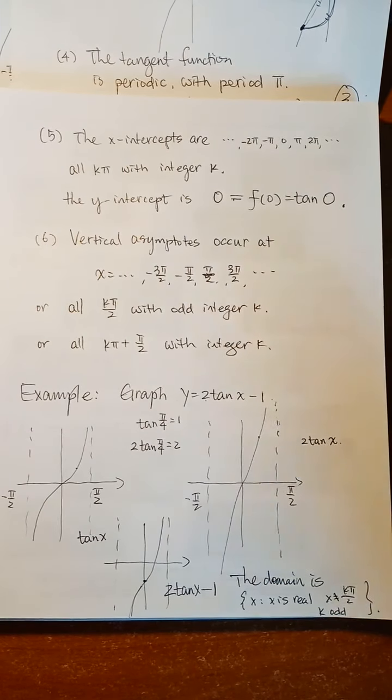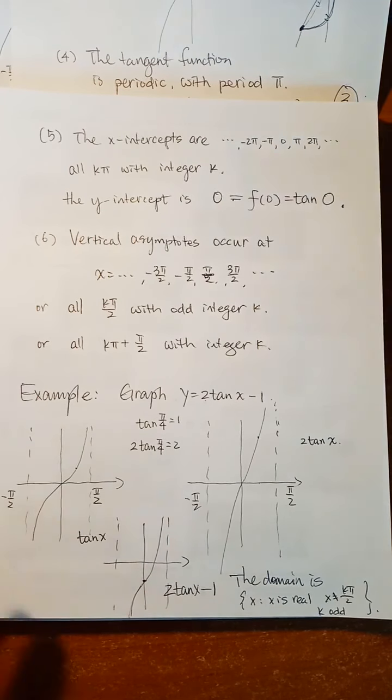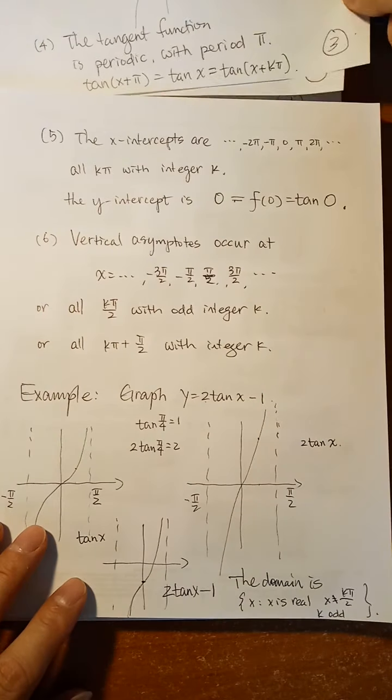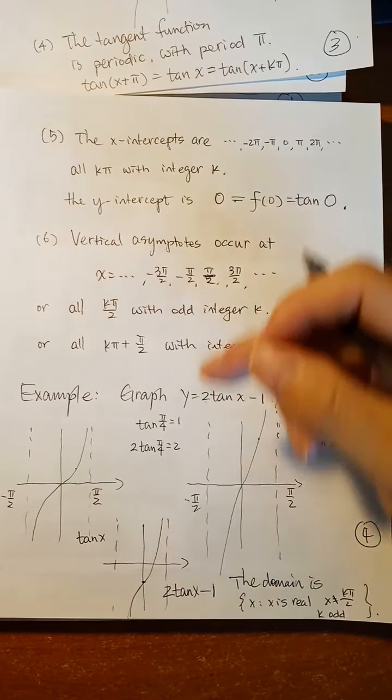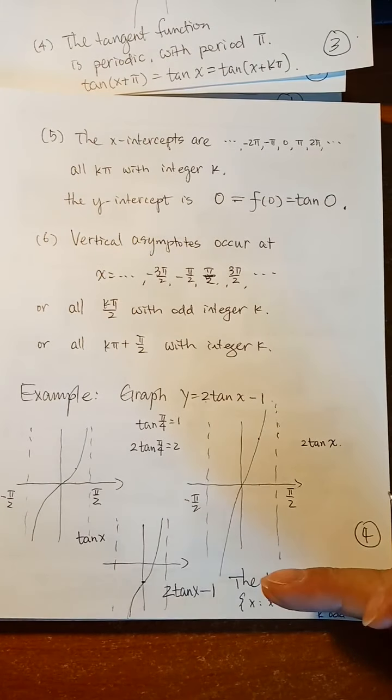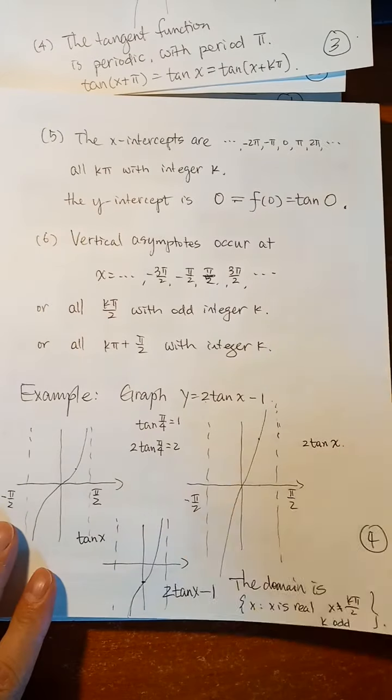How do we sketch it? We always start from the standard graph, tangent of x, and then modify it step by step. Every time, we modify just one step. We don't do two operations at the same time. Okay, this is the first example. Let's see the second one. In the first example, we only stretched or shifted the graph vertically. Now let's see how to do it horizontally.